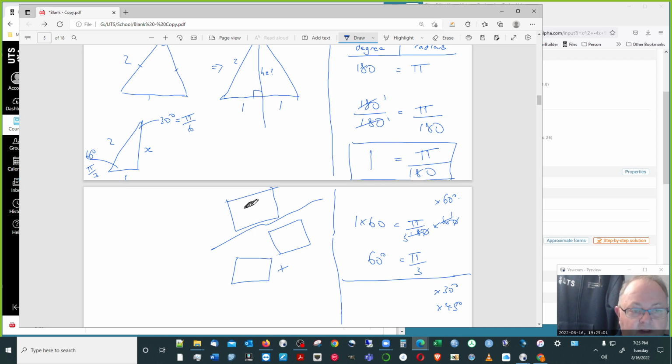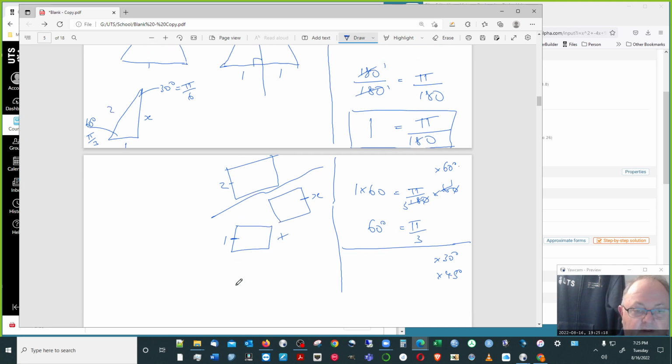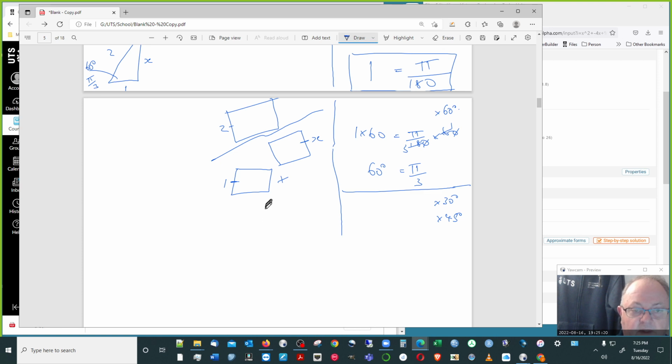So if this one up here is length of side 2, and this one here is length of side 1, and this side here is length of side x, then the two siblings will have the same area as their brother or their sister, whoever's got the bigger paddock, and we need to write that out.